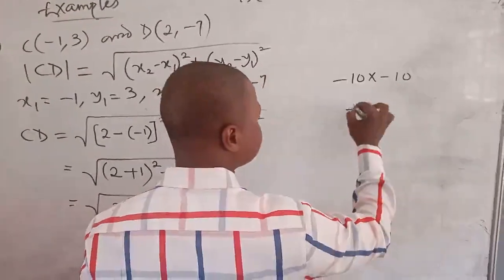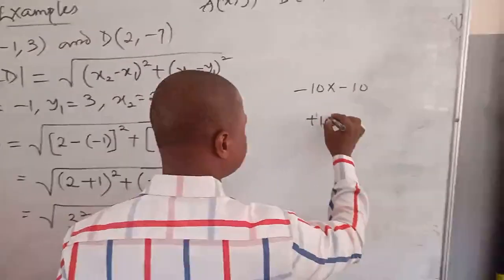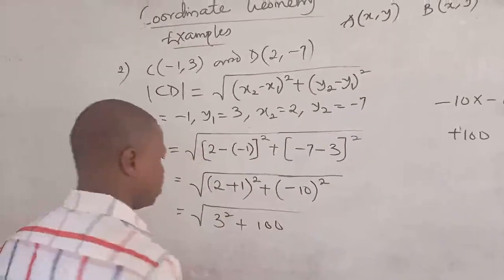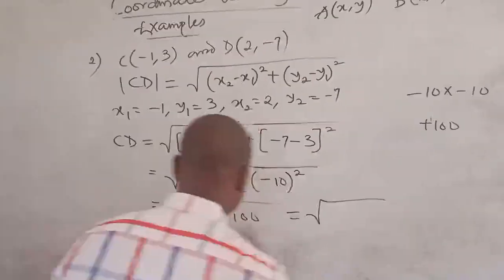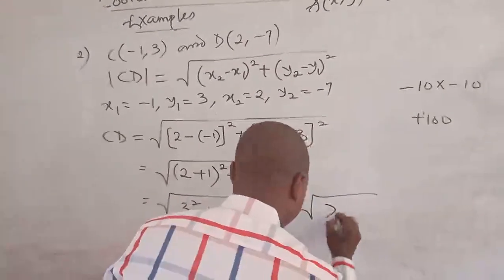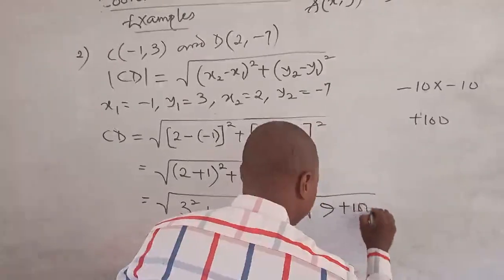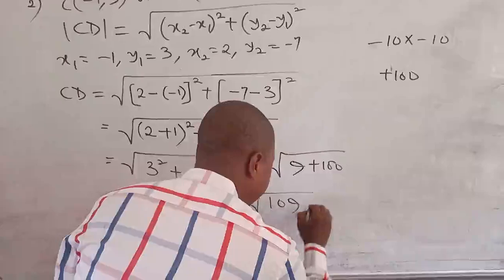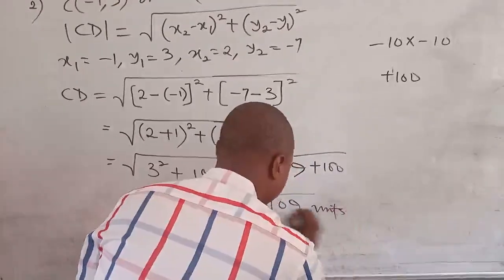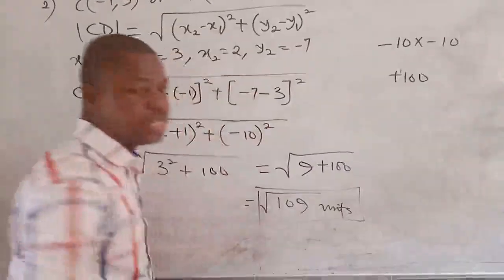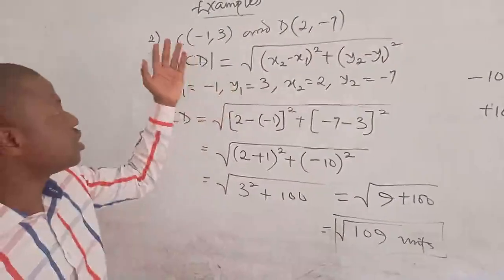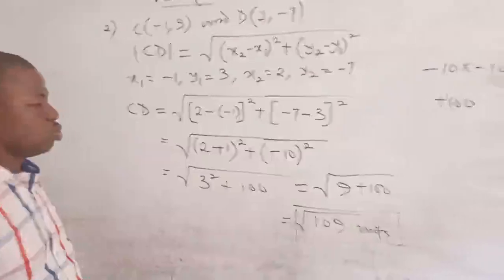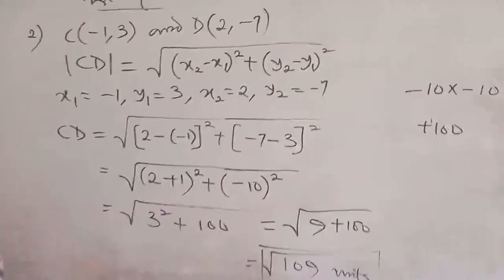Minus times minus, that is plus, 10 times 10, that is 100. So we have 3 squared, that is 3 times 3, that is 9, plus 100. We have 109. So the distance between point C and D with the given coordinates is root 109 units.